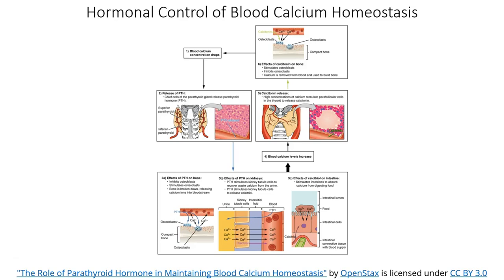So if we have hyperparathyroidism, we are overproducing that PTH, which is going to result in way too much calcium being pulled out of the bones. And so this can really dramatically decrease bone density, which can cause fractures to happen super easily. It can cause bone deformities and stuff like that. So this is really, really dangerous.